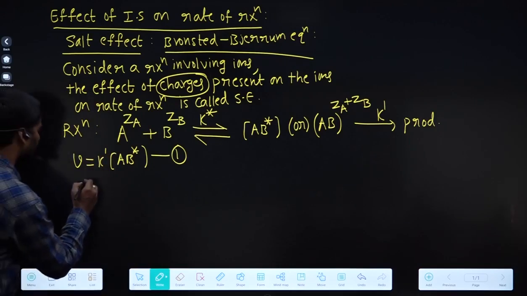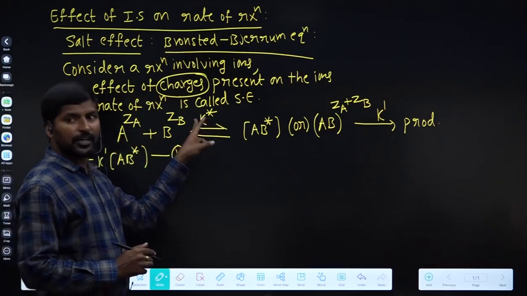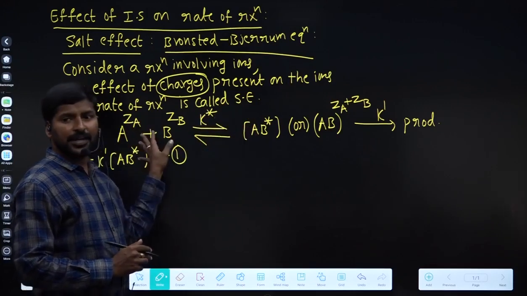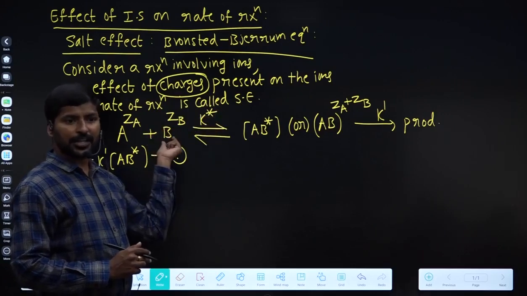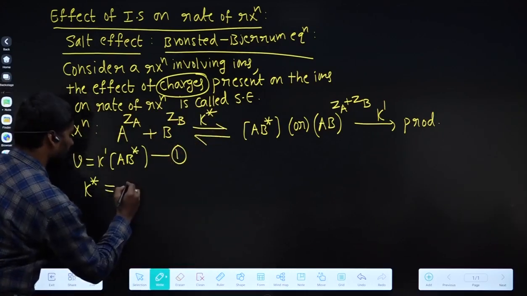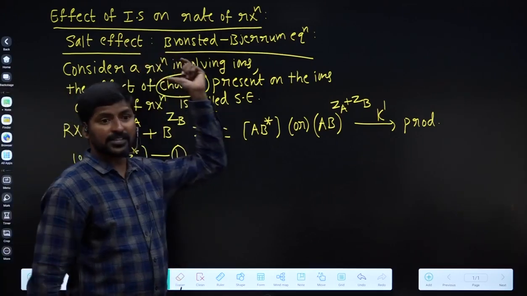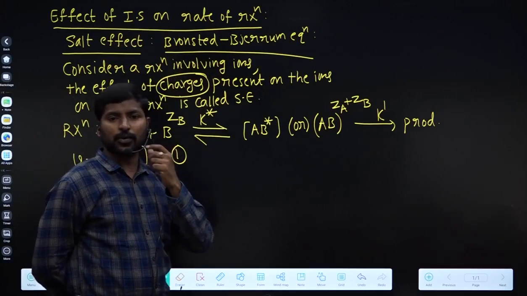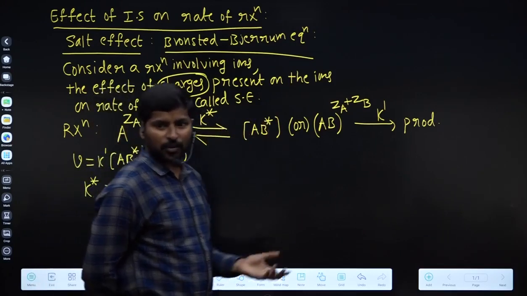Next, how to write K star, the equilibrium constant? Equilibrium constant is product side concentrations by reactant side concentrations raised to the powers, which are the stoichiometric coefficients in the balanced equation. I am taking activities, since we use the concept of ionic strength to explain deviation from ideal behavior. In the case of non-ideal solutions, concentration is replaced by activity, as we discussed in thermodynamics.